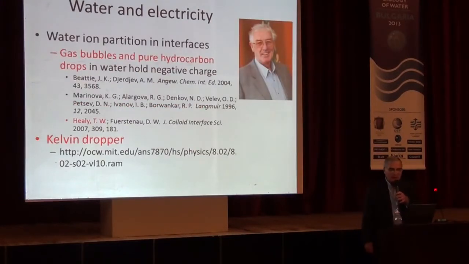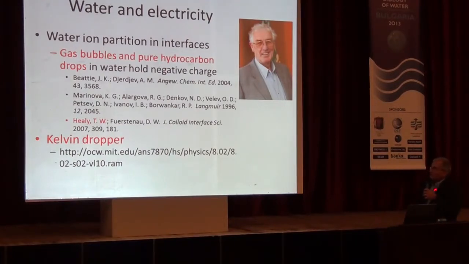But this has been largely neglected in most cases. There are some other factors that are important. For instance, every solid-liquid interface shows ion partition, gas bubbles within water, and pure hydrocarbon drops hold negative charge. That has been subject of many papers.